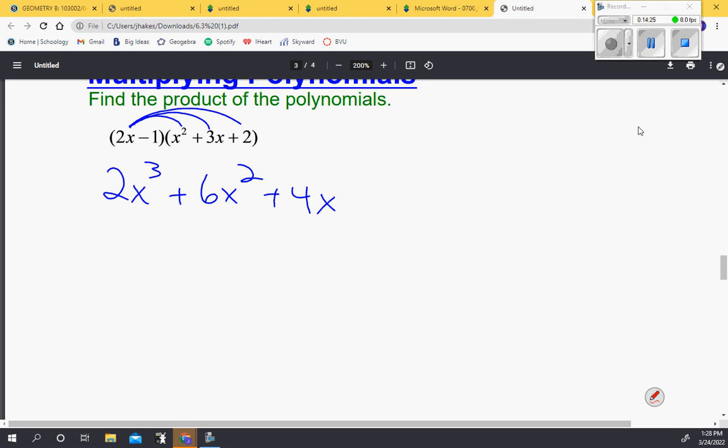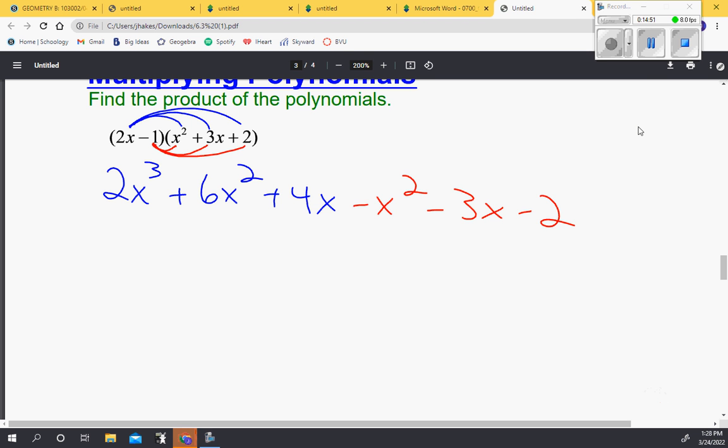Once you're done with the 2x, meaning you multiply that with everything inside the other parentheses, you can move on to this negative 1 and multiply that inside the parentheses. Negative 1 times x squared, that's negative x squared. Negative 1 times 3x, that's negative 3x. And then lastly, negative 1 times positive 2 is a negative 2.